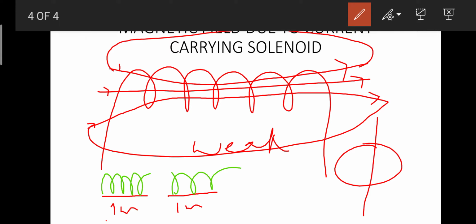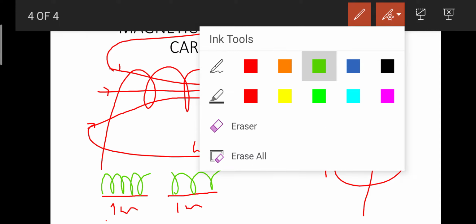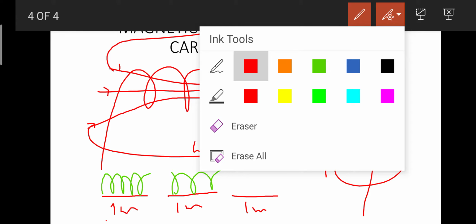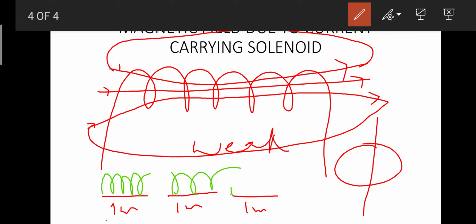But there can be another case in which, for the same length of 1 meter, the number of turns could be like this. These are not drawn in the appropriate manner, I don't have a good diagram, so avoid that. There are more turns in this situation.